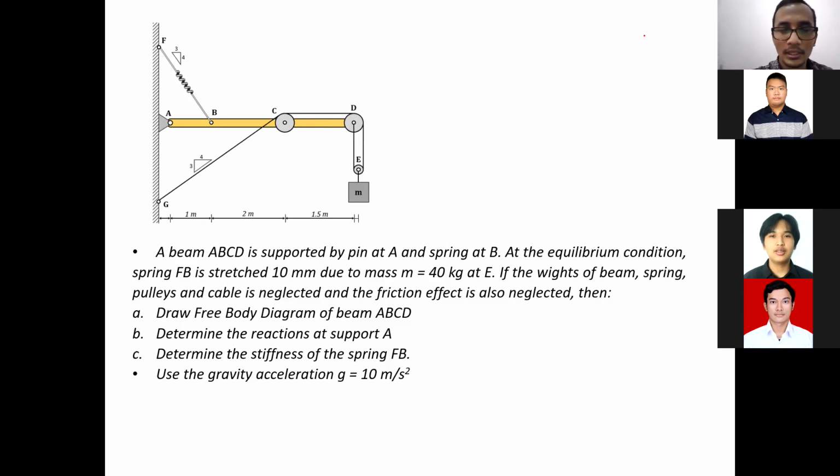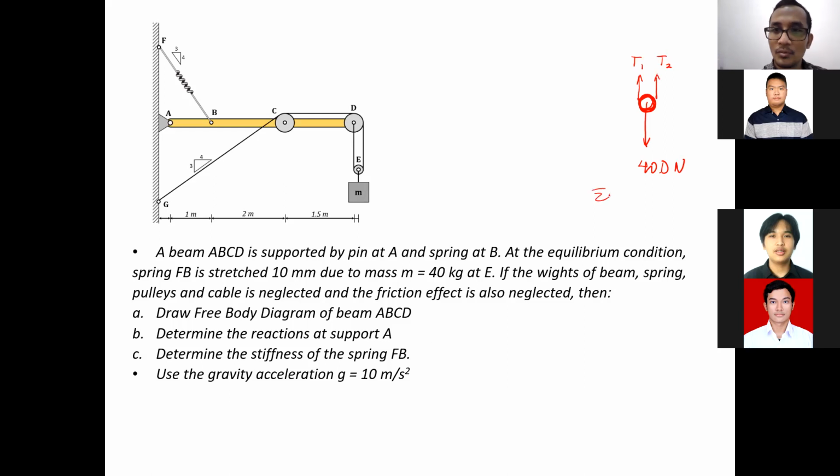But before going for pulley D, it's better to go for pulley E first, because that's the one that we know. At pulley E, we have weight 40 kilograms multiplied by g. We assume g is 10, so 400 Newton. We have two tensions, T1 and T2.